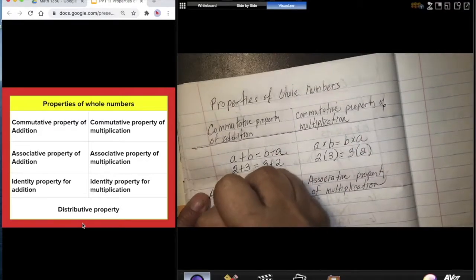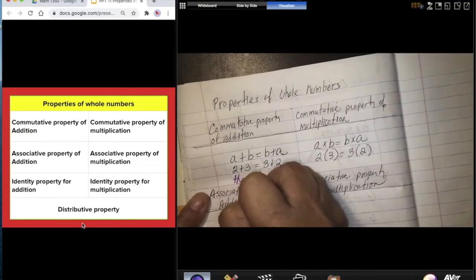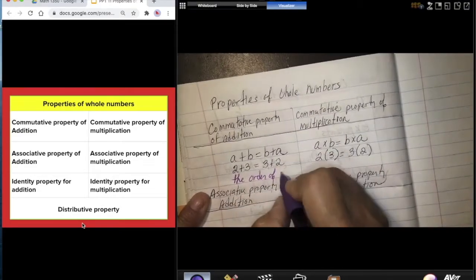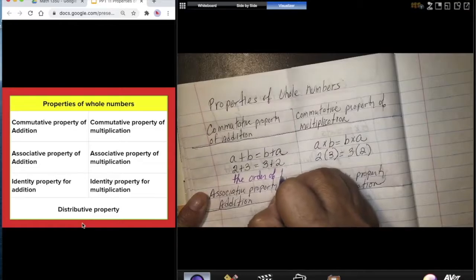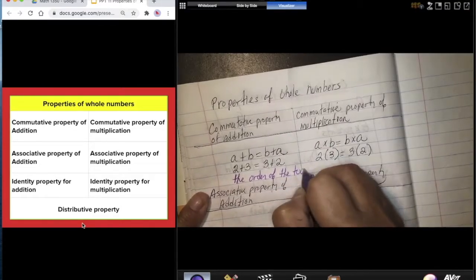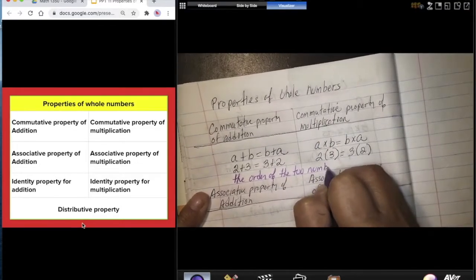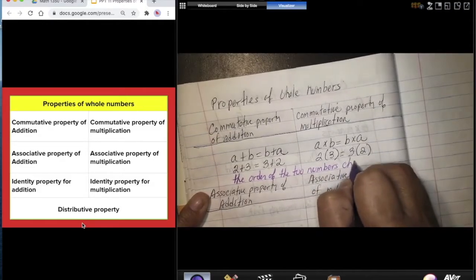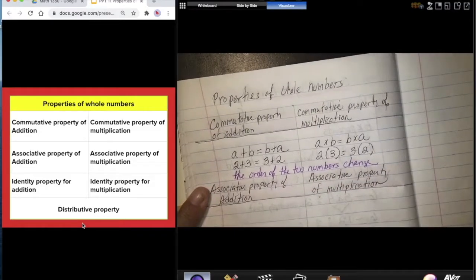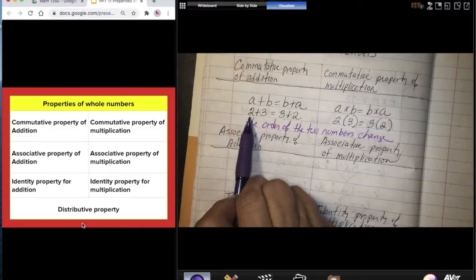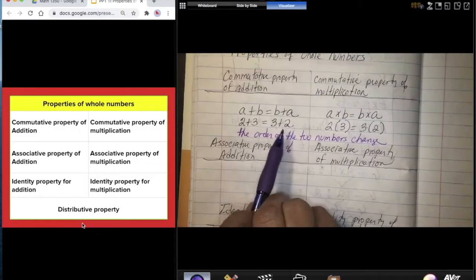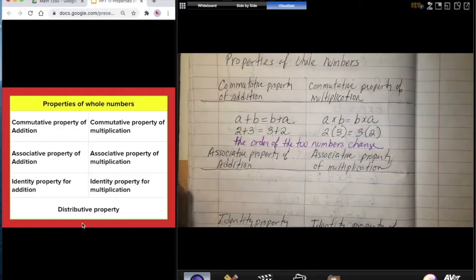The order of the two numbers changes. We started off with a 2, and now the 2's in the back. Okay.